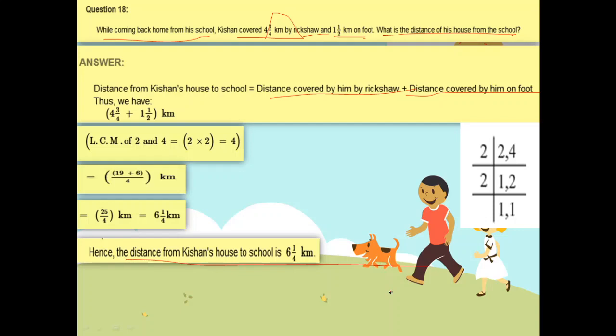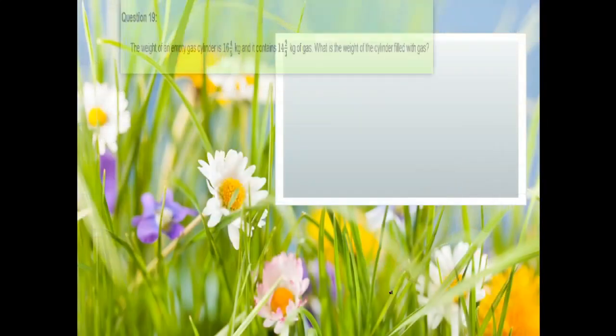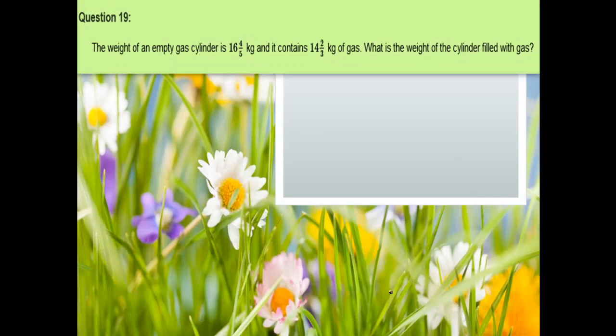Last question is question number 19. That also is a question based on addition. Weight of an empty gas cylinder is 16 4 upon 5 kg and it contains 14 2 by 3 kg of gas. What is the weight of the cylinder filled with gas?